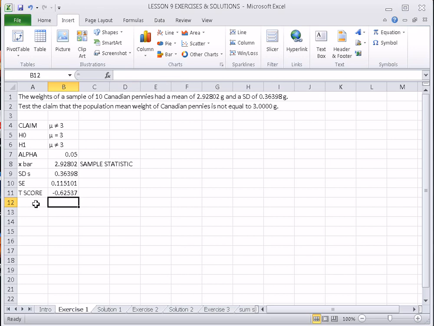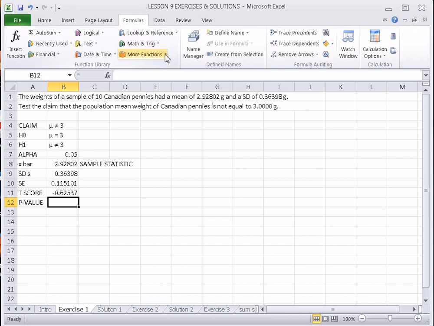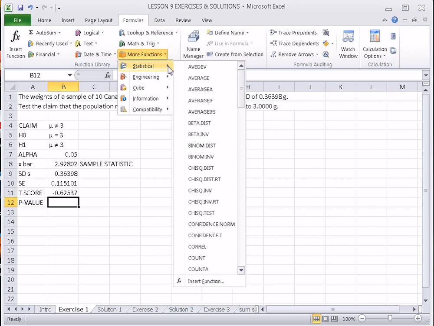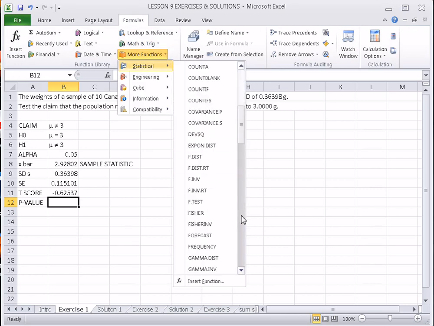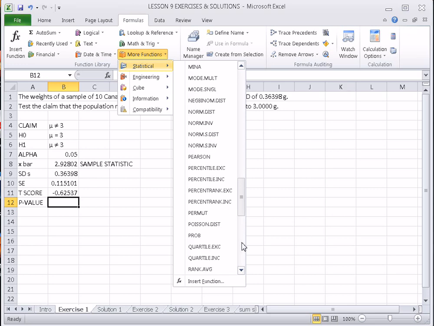And then we have to divide that by the standard error. So now that we have the t-score, we're ready to compute the p-value. To compute a p-value for a test concerning a single mean, we are going to use the student's t-distribution, which is a statistical function, and it's t-dist.